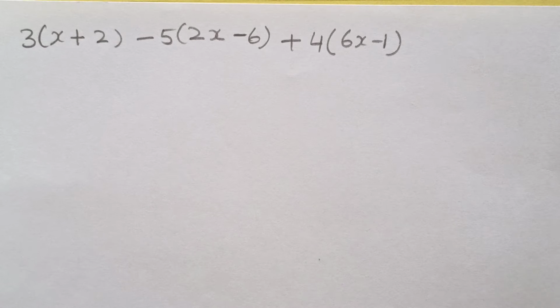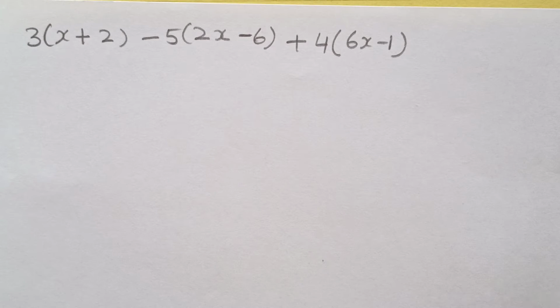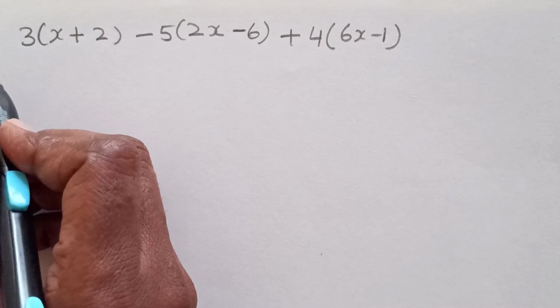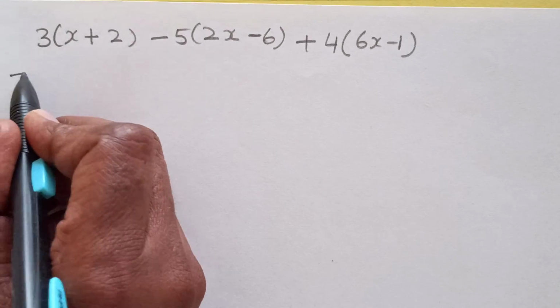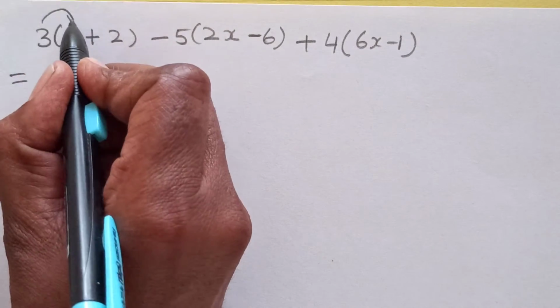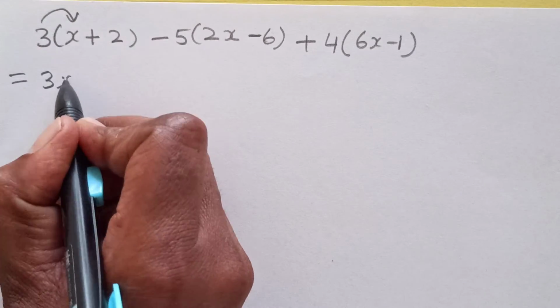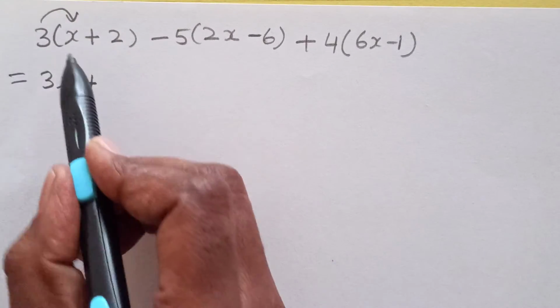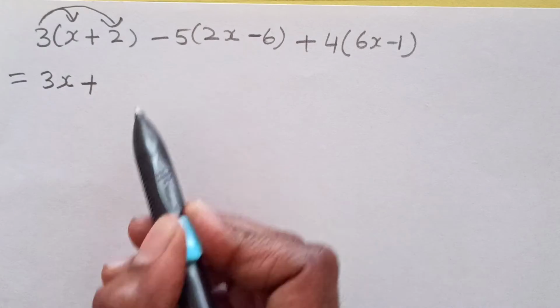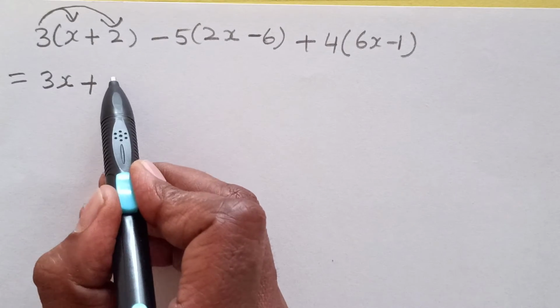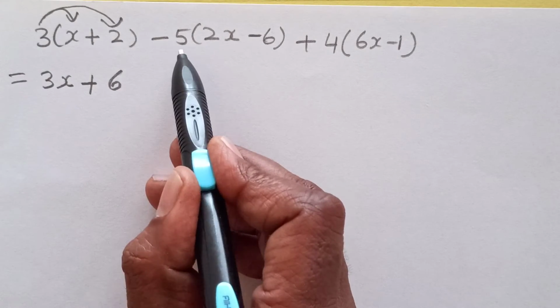So you may have more than 2 brackets also. But the process is same. It doesn't matter how many brackets you get in the question. So let's start this one. So 3 times x is 3x plus, then you have 3 times 2, it is 6, negative sign.